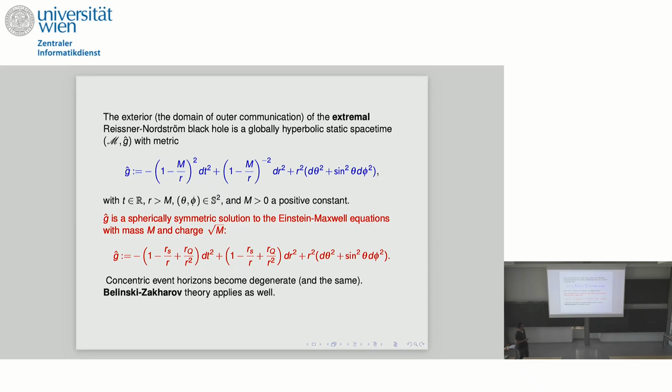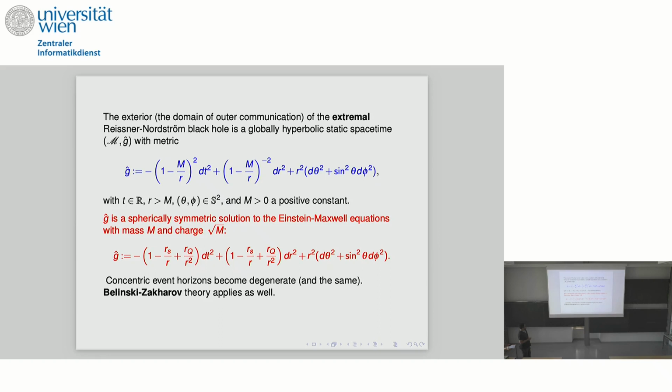You have two particular quantities that are important here, which are the mass, represented here in this constant Rs, and the charge, Q, represented here. And this solution is important in physics, but probably it's not present in nature.